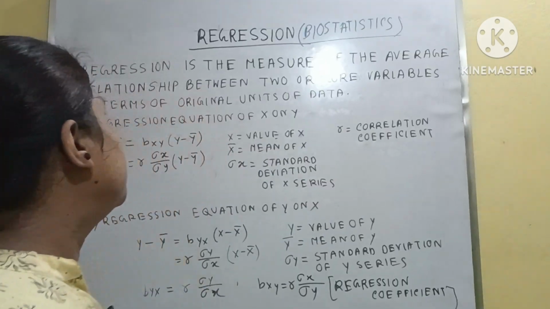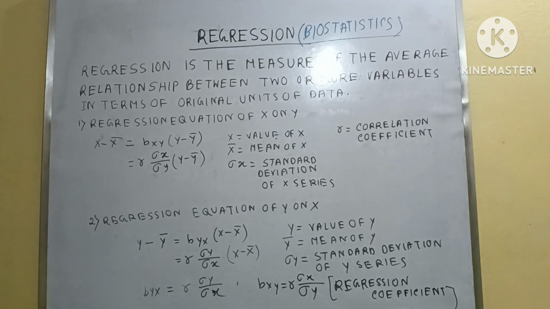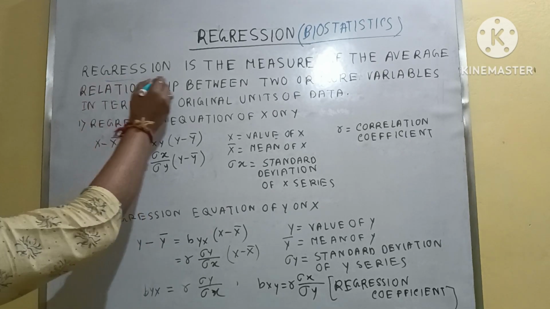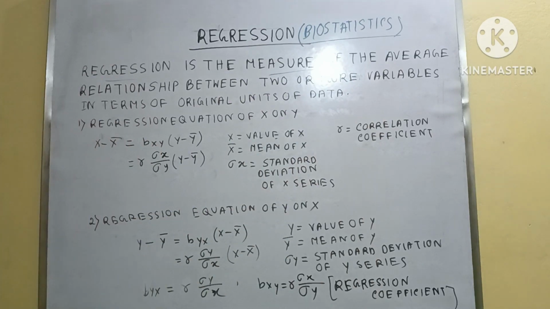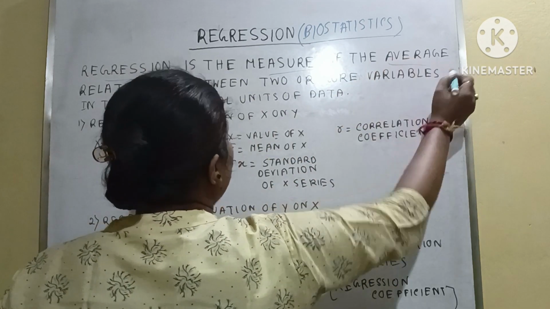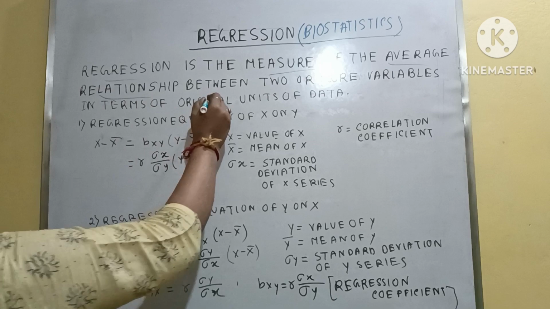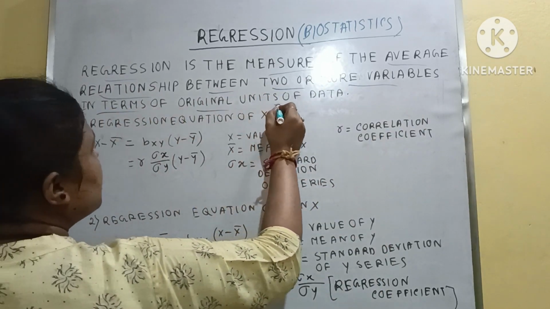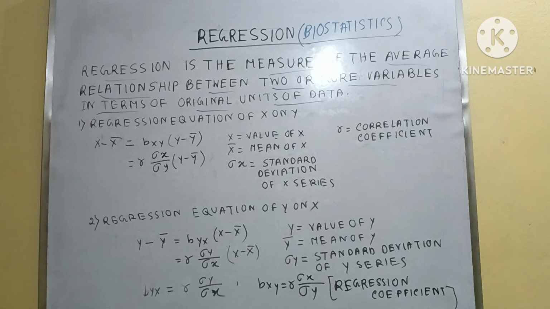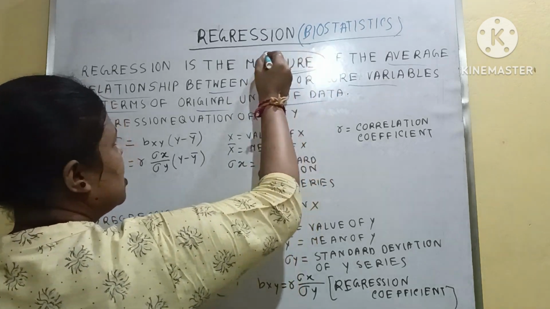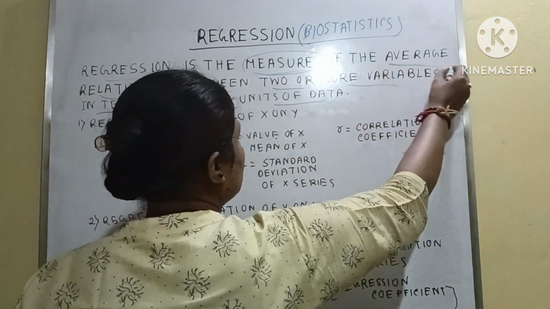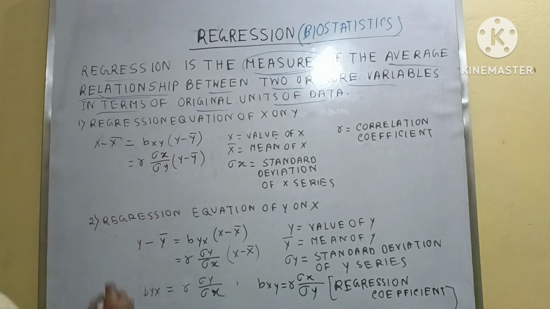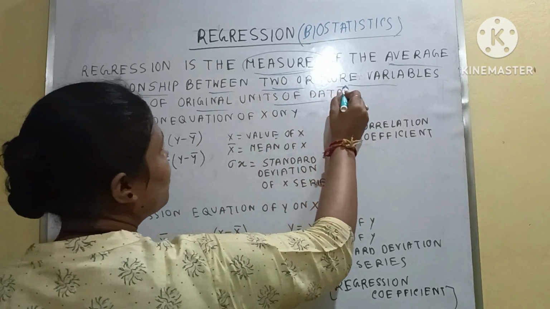Okay, so this is regression. What is regression? Regression is the measure of the average relationship between two or more variables in terms of original units of data.